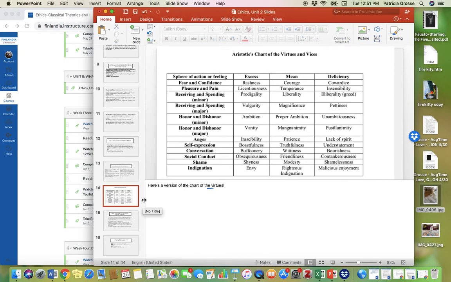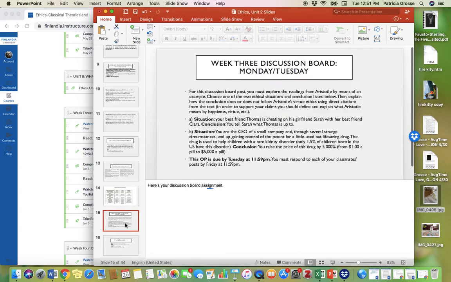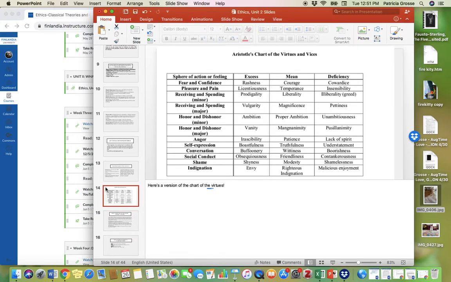Sometimes it depends, but anyway, let's move on. It's the mean between the extremes of excess and deficiency. That's where virtue lives. And it's ethics because by acting according to the mean between two extremes, you will be acting ethically in a way that encourages your own happiness. Basically, being a good person helps you to be happy in a lot of ways.